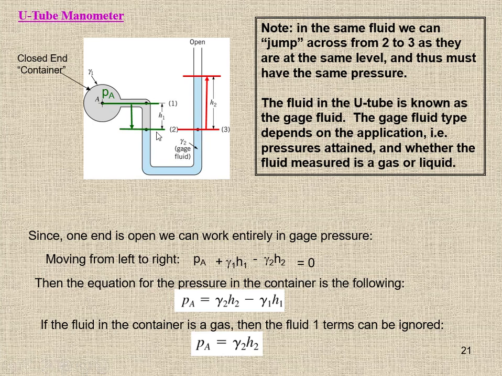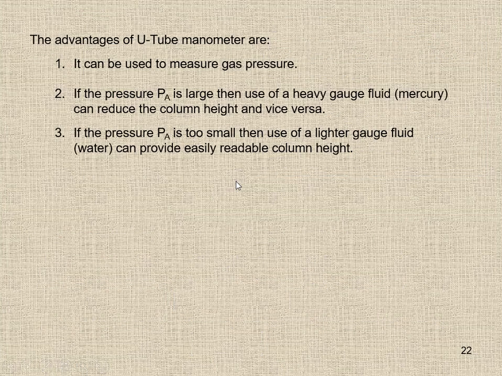This column will come here and this column will come here, and it will give you a difference of height of the column at this side. So all the problems we discussed in using the piezometer are almost covered. The U-tube manometer is the most useful device to measure pressure.